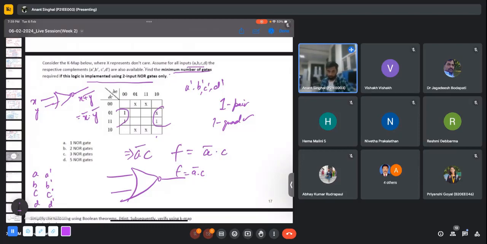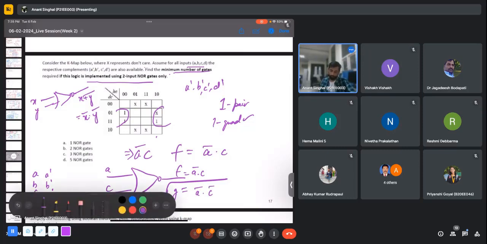So again, if I repeat, let's say if I had an A and a C here, what will be the output? Let's say G is that output. Anyone can tell what will be the G if A and C is here? A plus C whole complement. That will be A complement and C complement, right?